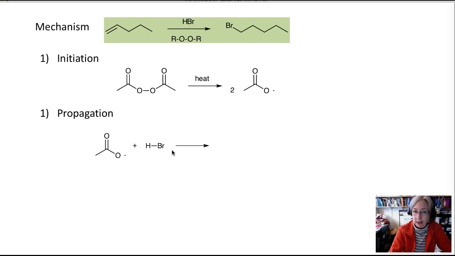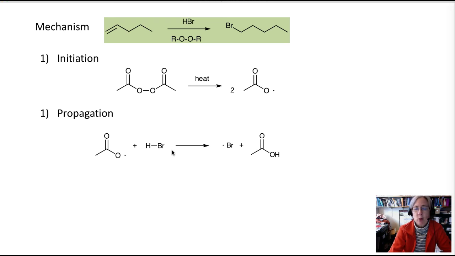I think H-atom abstraction is always the more facile, more kinetically favored step. So propagation, H-atom abstraction, boom. We go from the radical of the peroxide to the radical Br dot.